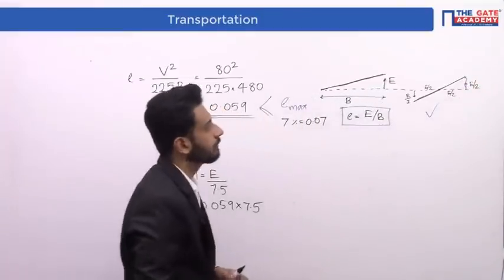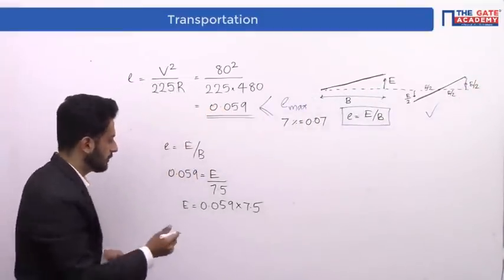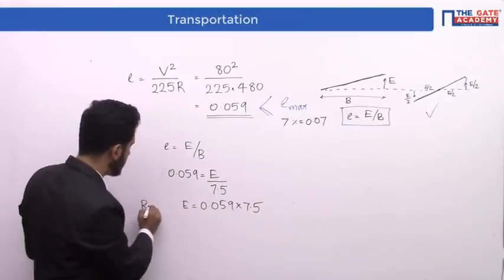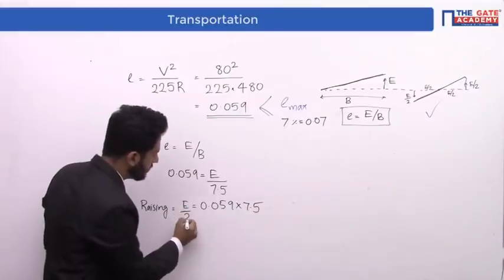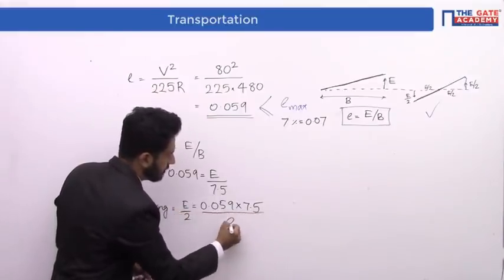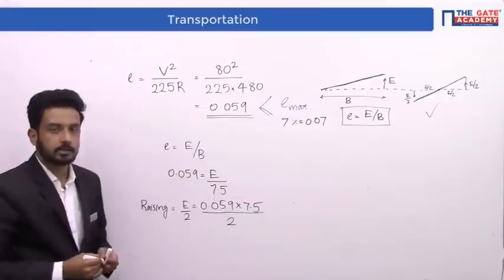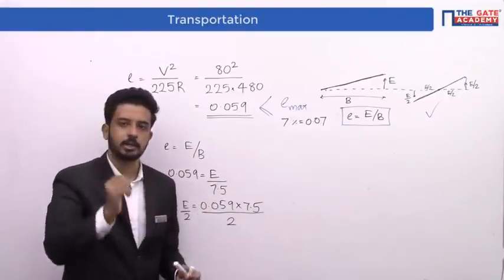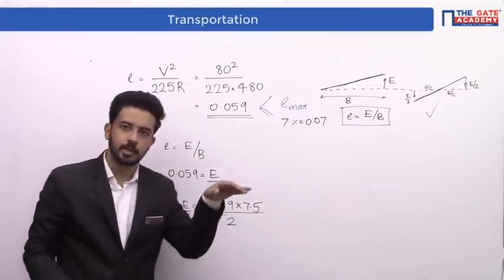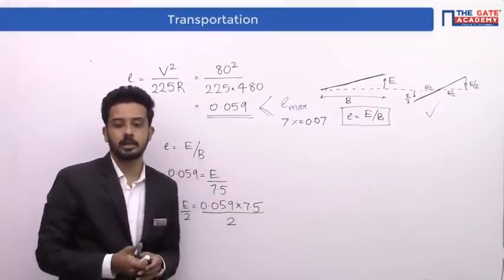What is that? It is E by 2. So the total raising will be E by 2 divided by 2. Correct? So this much height we are raising above the ground, and that much height we are lowering below the ground.